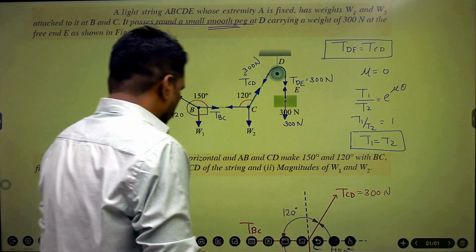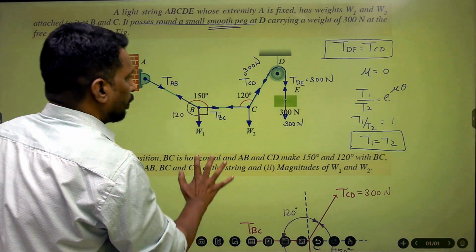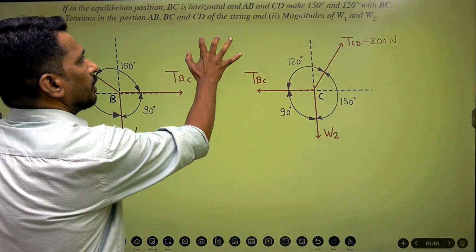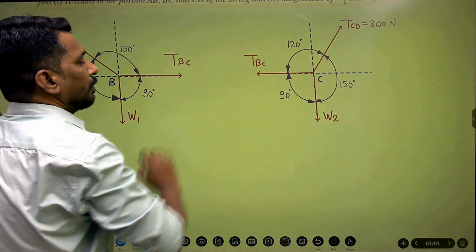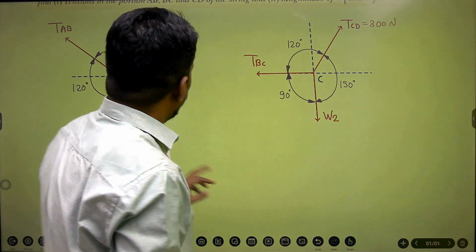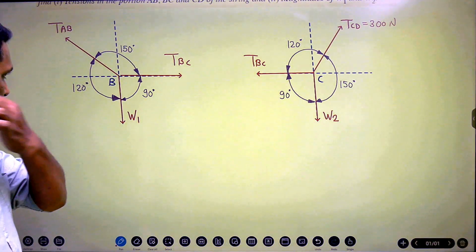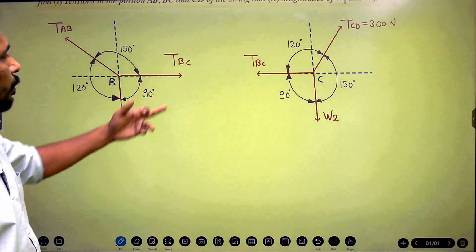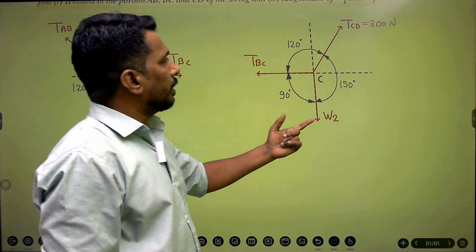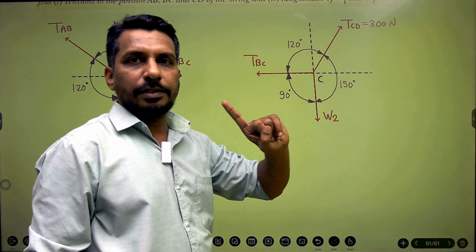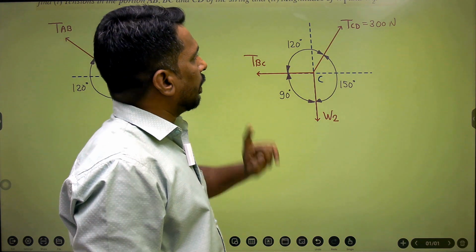Once again, if you go through the FBDs, it is very much clear that we have to start with point C. You cannot start with point B because all forces are unknown over there, and here we have the value of one force, that is the tensile force in the cable segment CD.